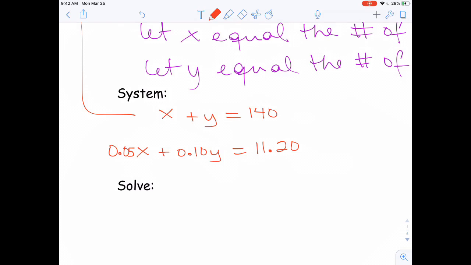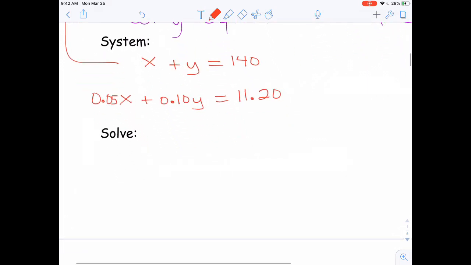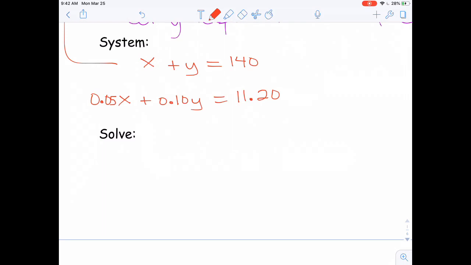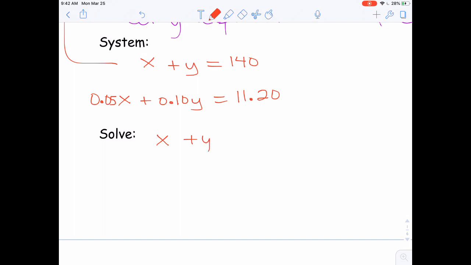Now, think about the different ways we have solved: elimination, substitution and graphing. Both equations are in standard form, so the best thing to do here is elimination.